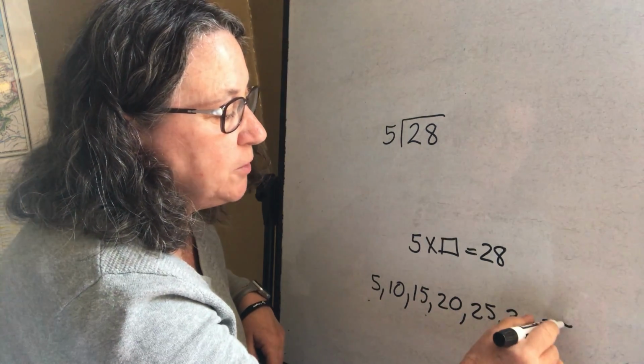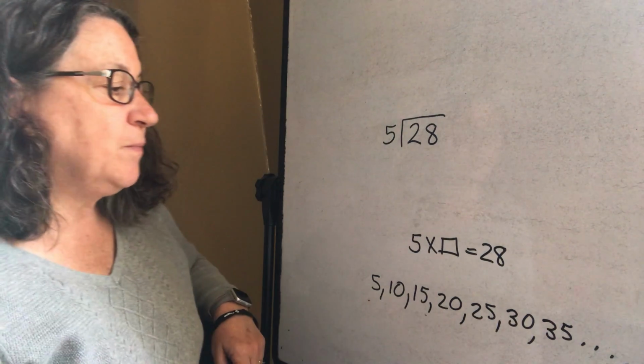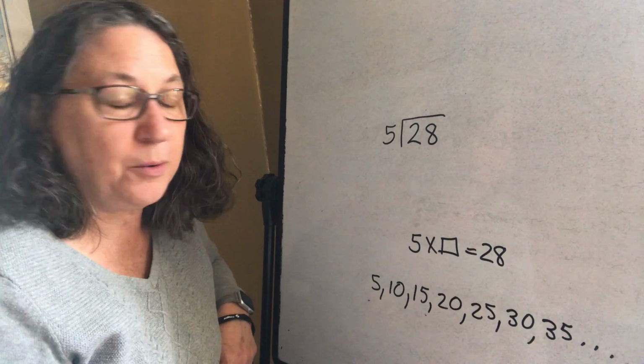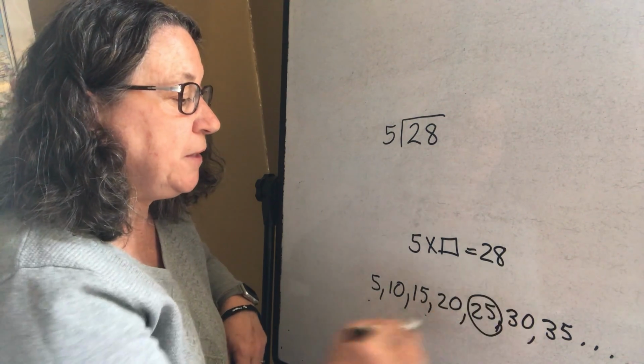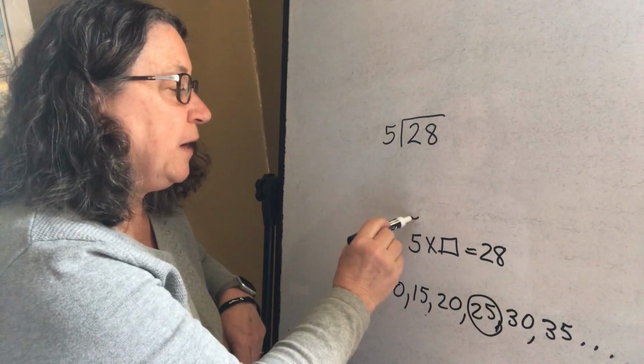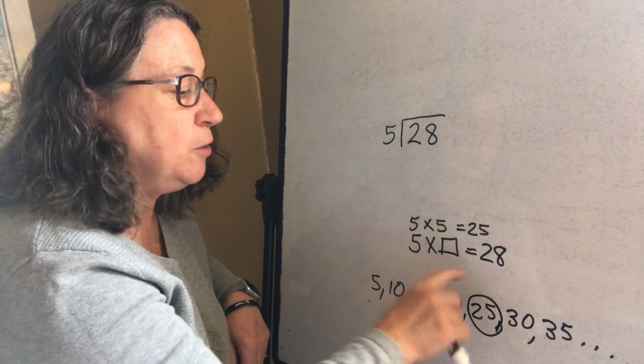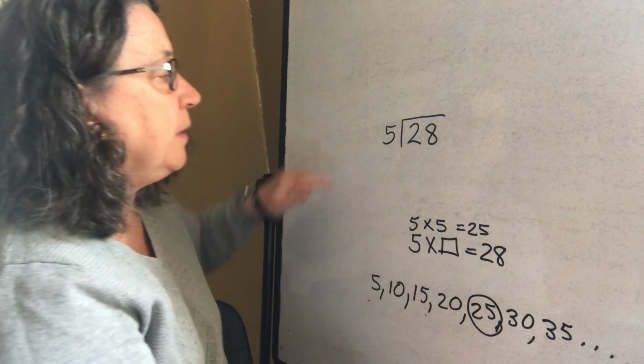And some of you are saying, Mrs. Breuer, you can stop now, because you can see that there's a number that's close to 28 but doesn't go over, which is this number right here. So 5 times 5 is 25, and that is as close as I can get to 28.